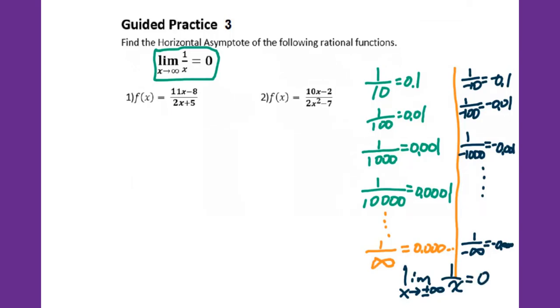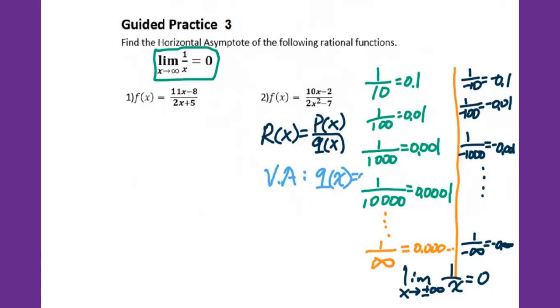Let's recall what we learned before. If we have a rational function r equals p of x over q of x, then for the vertical asymptote line, you set q of x equal to 0. Make sure your denominator equals 0 so that you can get the vertical asymptote line.